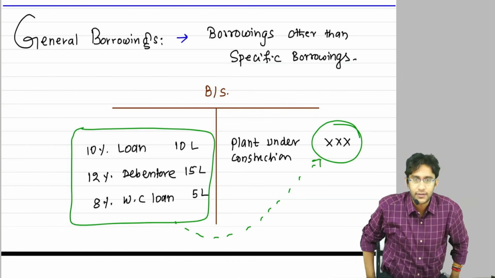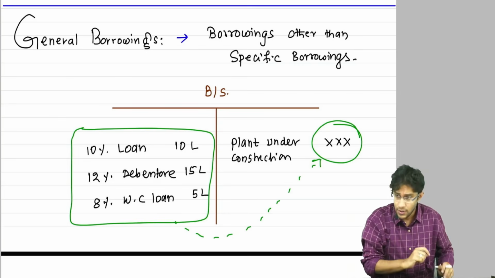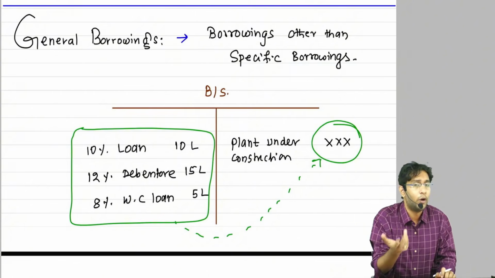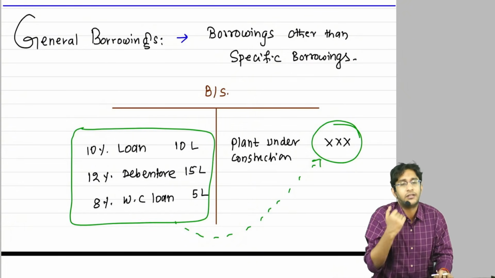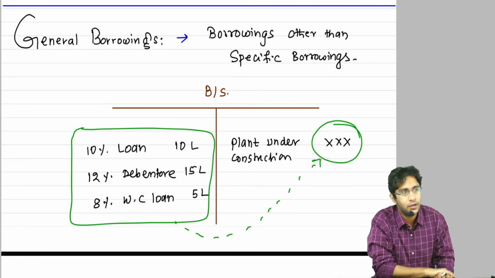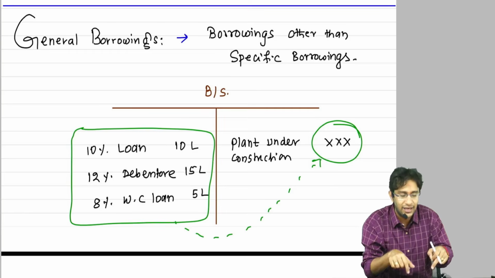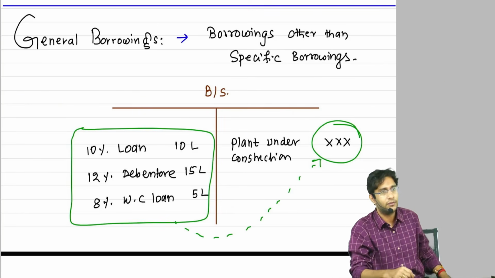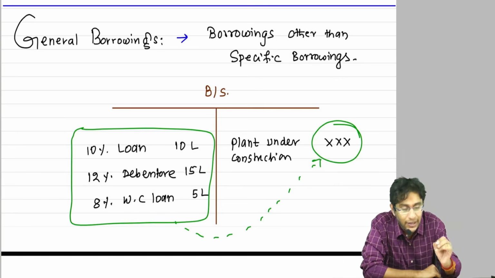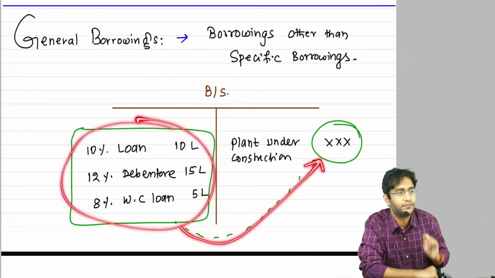The standard says you are funding your qualifying asset with the help of general borrowings. You did not specifically borrow anything, agreed. But then how did you get money? Sir, asset side cash is there, and liability side borrowing is also there. So, borrowed money only is used. Sir, out of these three, which one? I do not know that. But the standard believes that these borrowings are used to fund this asset.